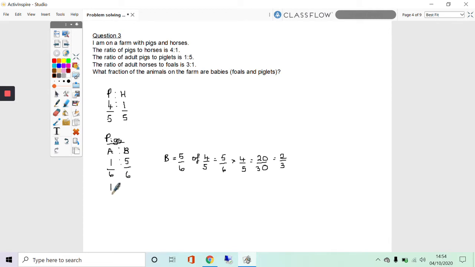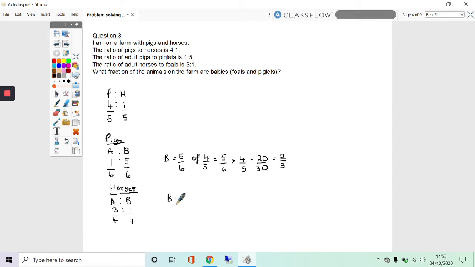Now let's deal with horses. So my ratio of adult horses to foals, so adults to babies, is 3 to 1. And I've got 4 parts to this ratio. So 3/4 of my horses are adults and 1/4 of my horses are babies.